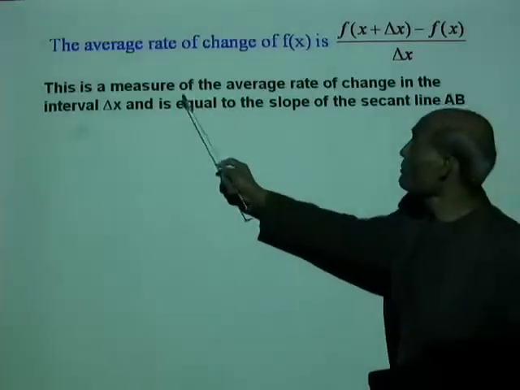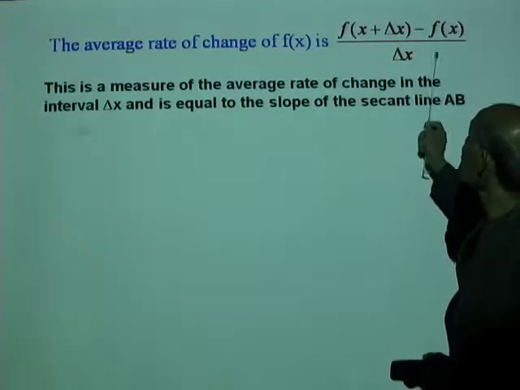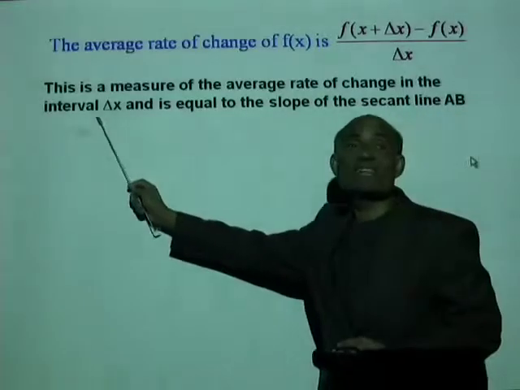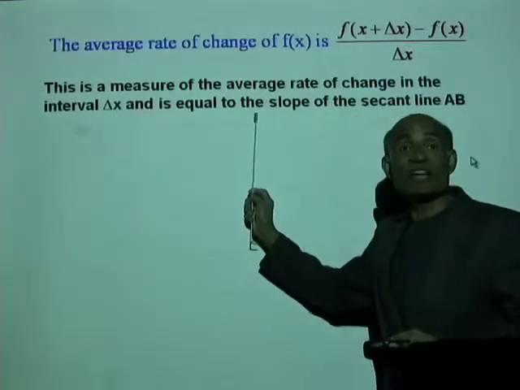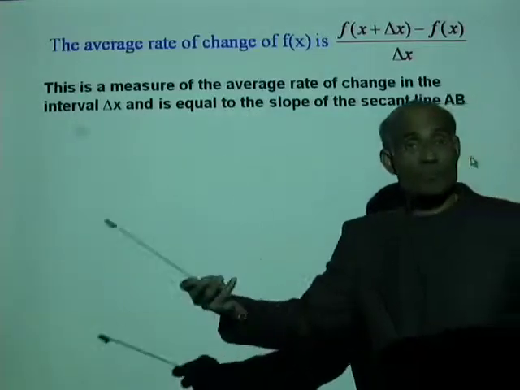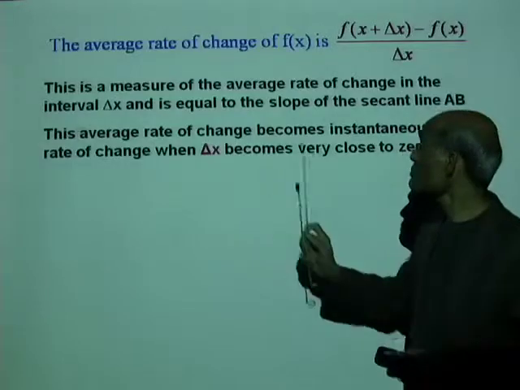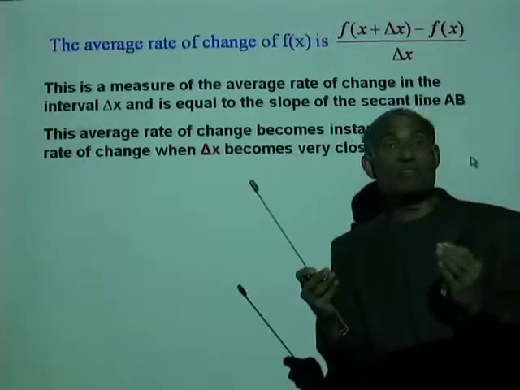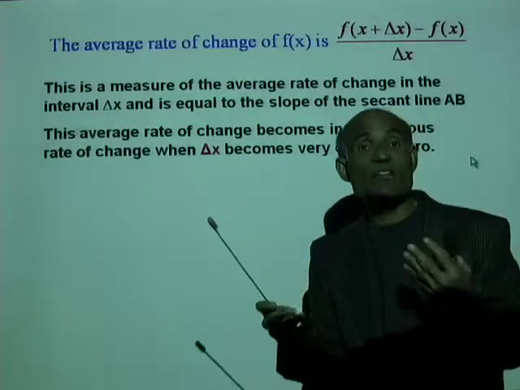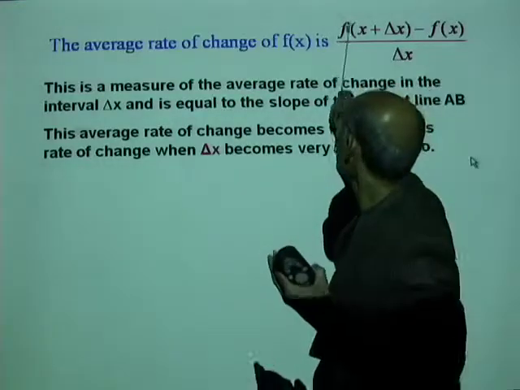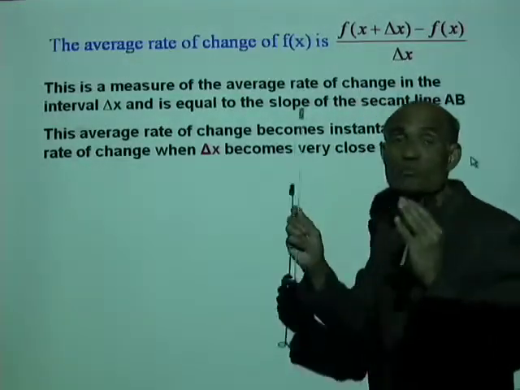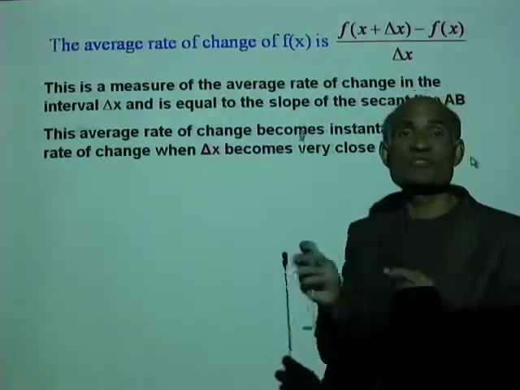Alright, now this is a measure of the average rate of change in the interval delta x and is equal to the slope of the secant line. We talked about it. And this average rate of change becomes instantaneous rate of change when? When does this average rate of change become the instantaneous rate of change?